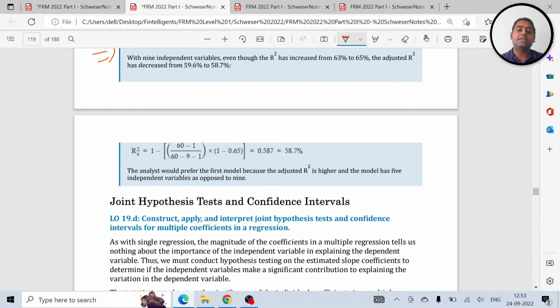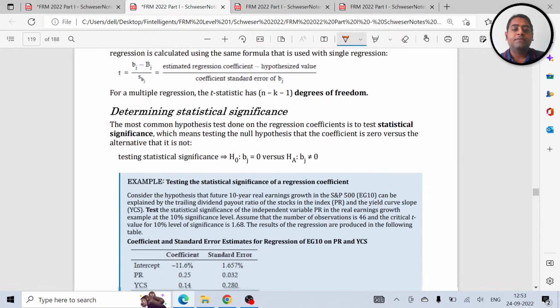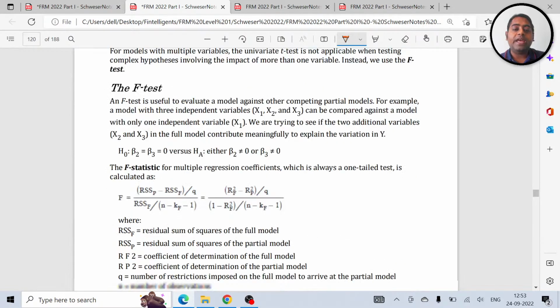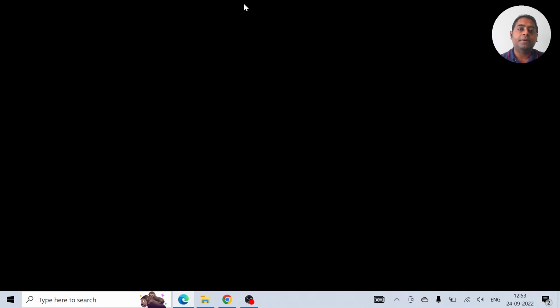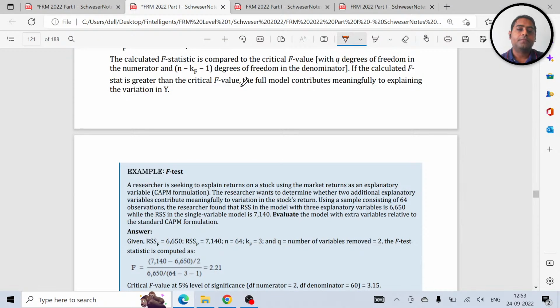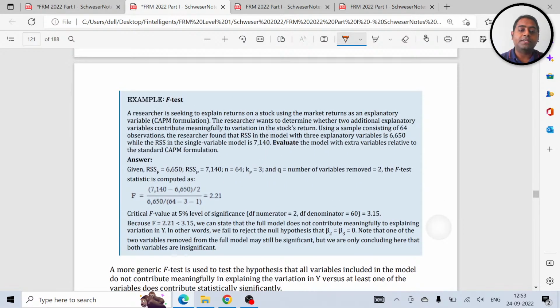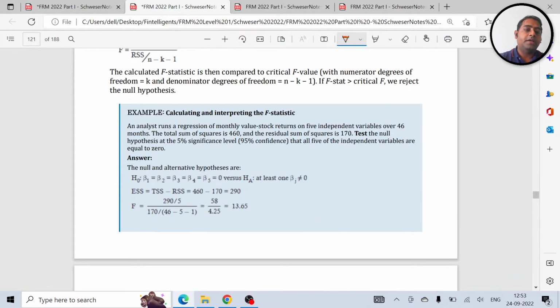Joint hypothesis testing section, defining statistical significance is okay. Within the F test, now this question. Okay, 1 second. What happened? Yeah. So when we are looking at hypothesis testing, this question you might expect.